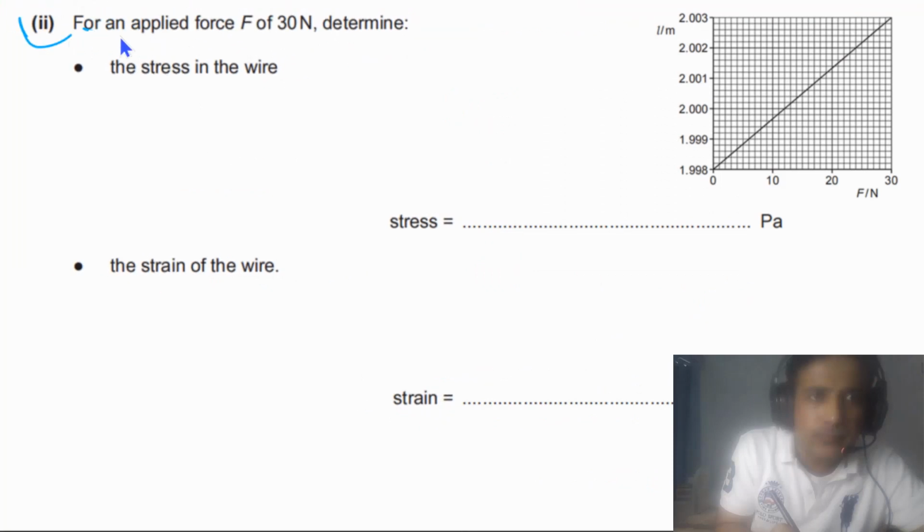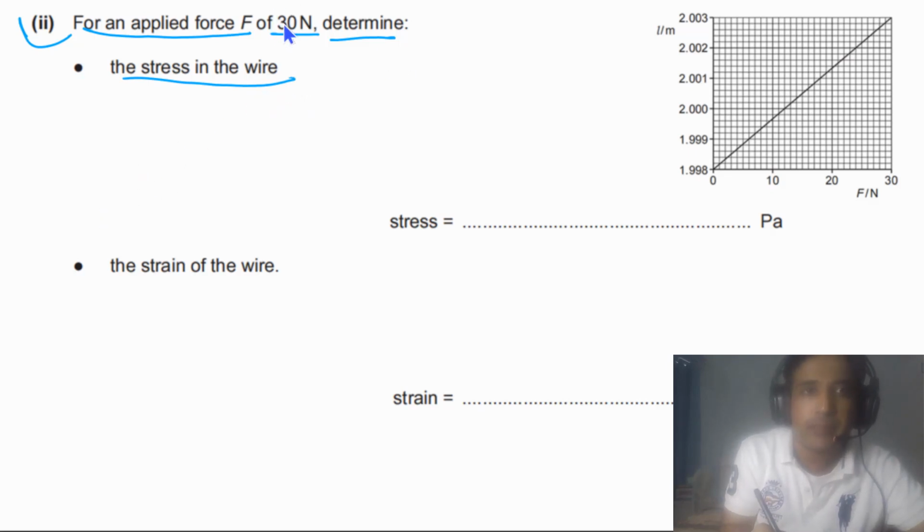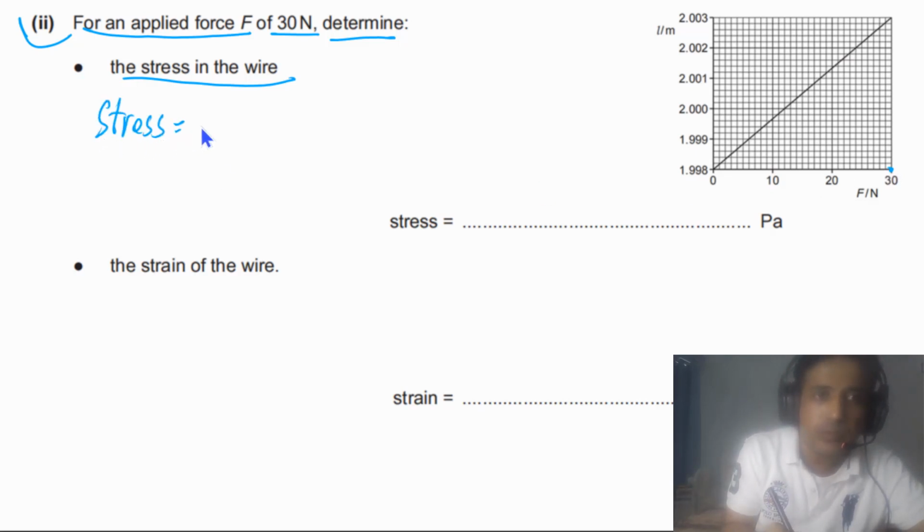Part 2 says for an applied force of 30 newtons, determine the stress in the wire. Stress simply is equal to applied force F divided by cross-sectional area.